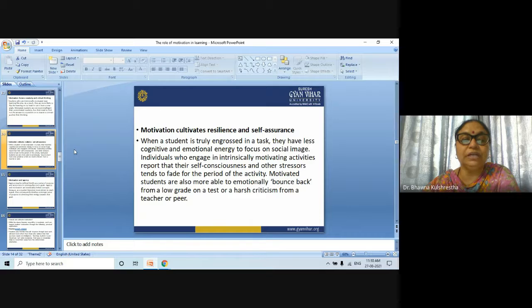Motivated students are also more able to emotionally bounce back from a low grade on a test or a harsh criticism from a teacher or peer. And this is because intrinsically motivated students are not driven by fear of failure or criticism.